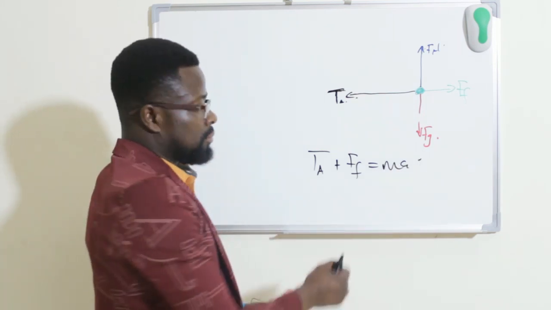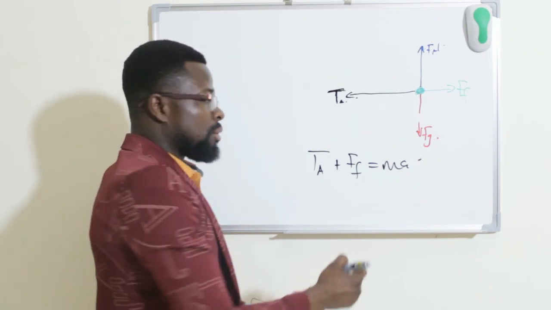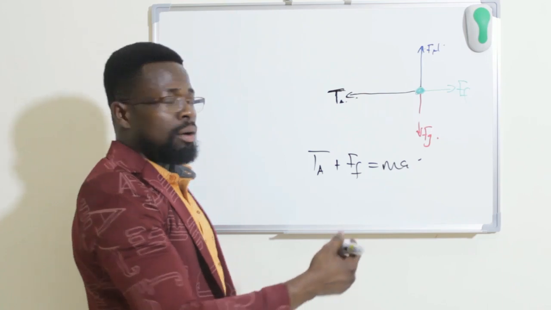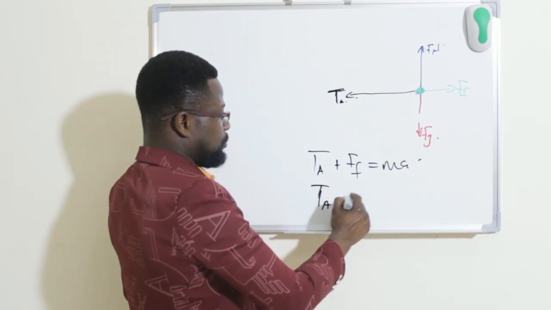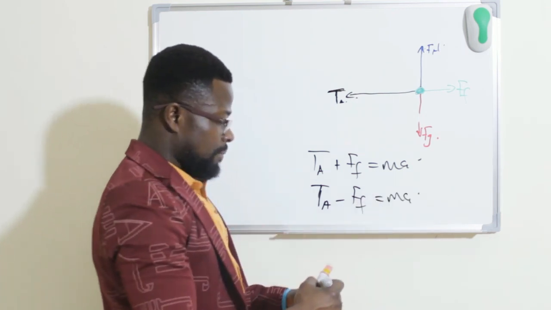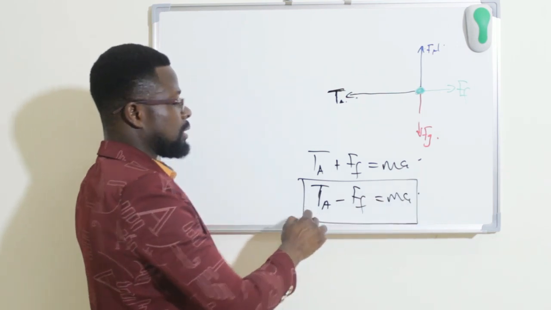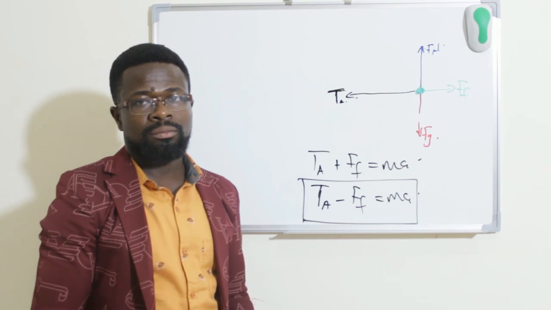And remember, the FF is a frictional force, which is opposite to this according to Newton's third law. So you're going to have it as TA minus FF equals to MA. And this is also very important when we are dealing with the calculation of the net force.